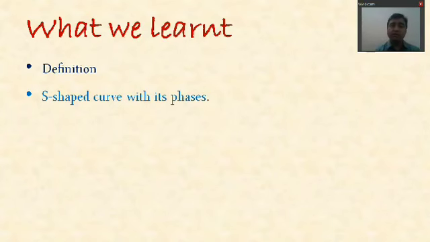We have discussed the S-shaped curve with its five phases: the lag phase, positive acceleration phase, inflection point, negative acceleration phase, and the point of equilibrium. Then we discussed the J-shaped curve, in which the growth rate is very high up to a certain point, and then the species directly vanishes from the habitat.